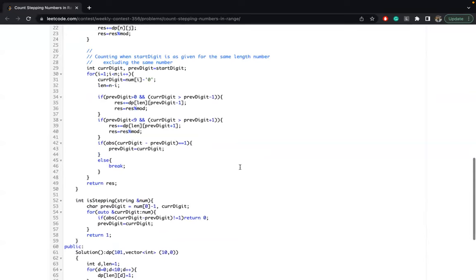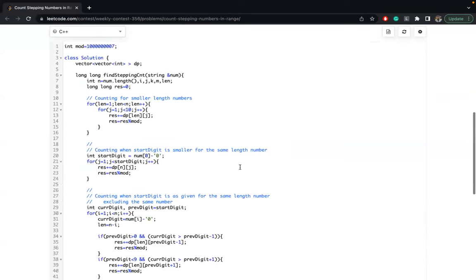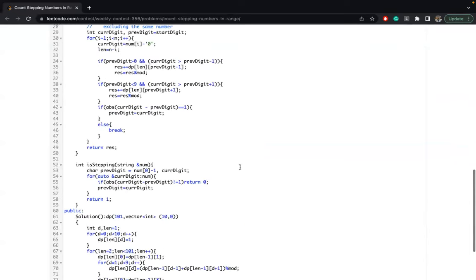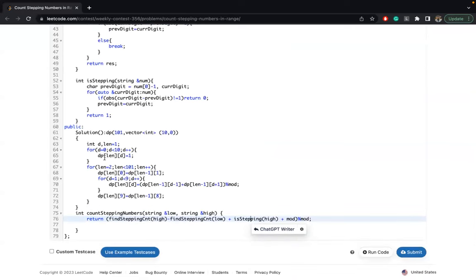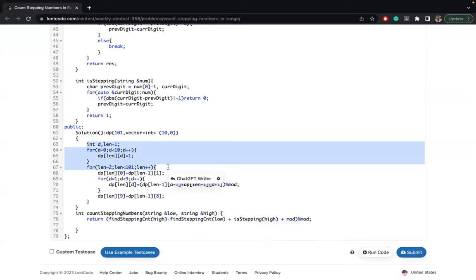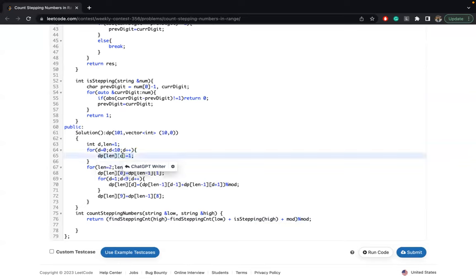So till now, we have done the recursion, and with recursion we have created this DP. So you can see how I have created this DP. Here I have just counted for 1 digit. So all the numbers with length 1 have been found.